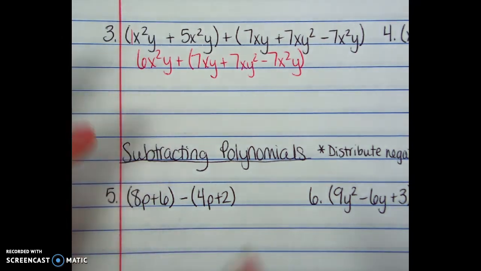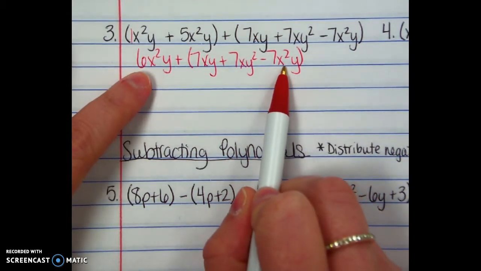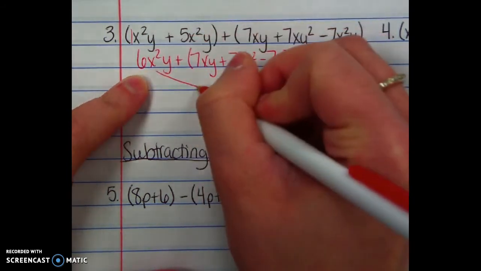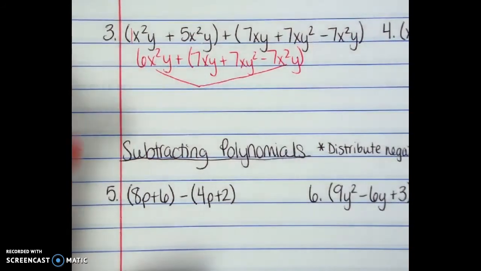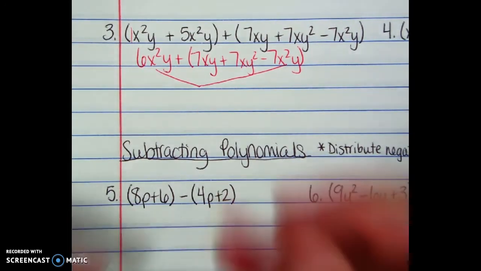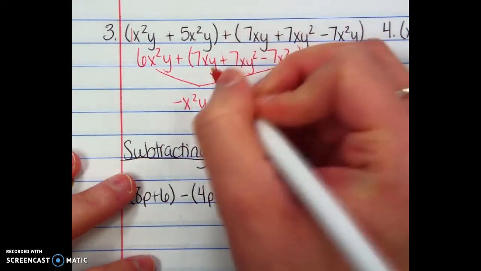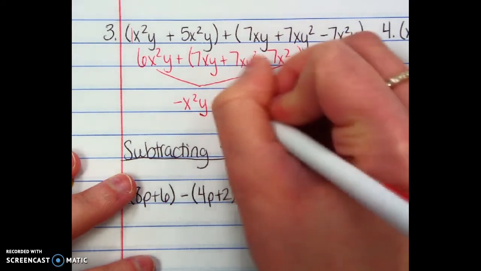Do I have any like terms? I think both of these are x squared y. And so the line that I was talking about was just like that. So combine those two. 6 minus 7 is a negative x squared y. And then bring down everything else.